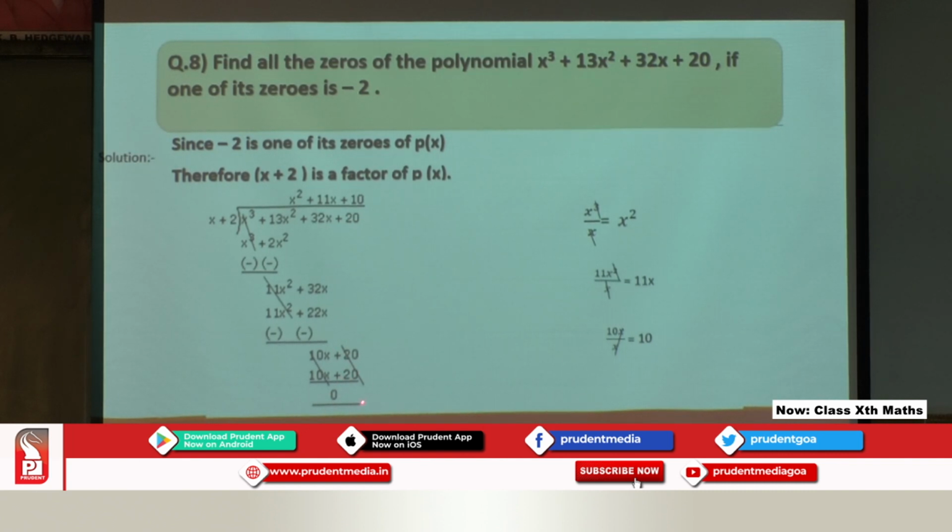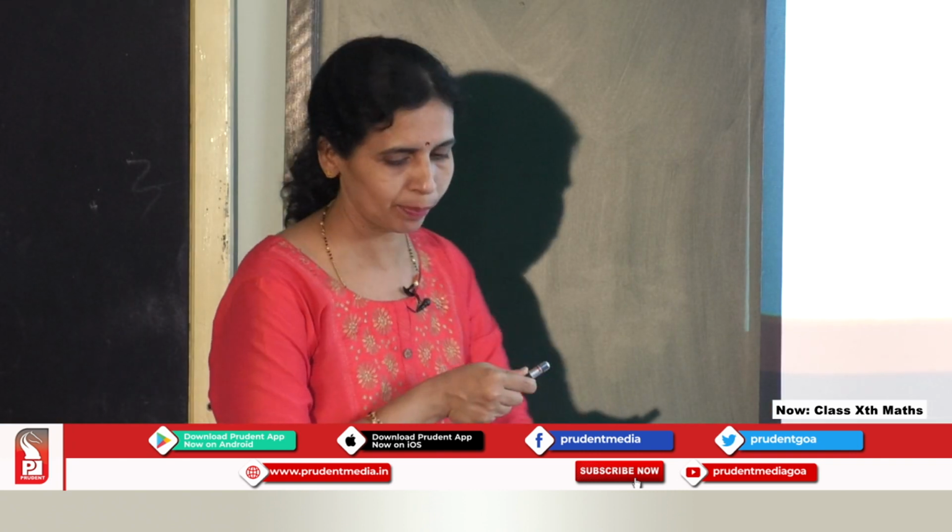Finally we got remainder as 0, and the quotient is x square plus 11x plus 10. Here we should find out the other zeros, but only one zero is given. The next step, to find the other zeros, we should factorize the quotient, that is x square plus 11x plus 10, by splitting the middle term.